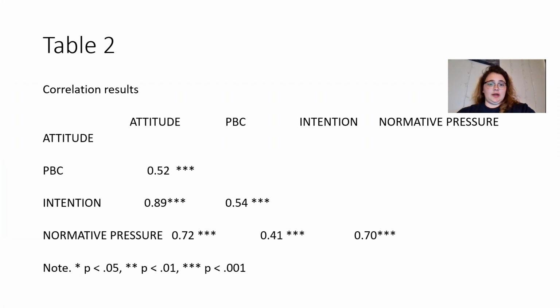And then you can read the rest of it, but PBC and normative pressure was 0.41, and intention and normative pressure was 0.70, all of which had significance, as we were looking for a p-value of less than 0.001.